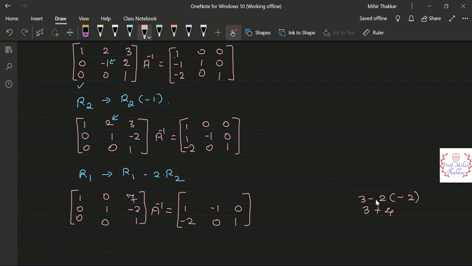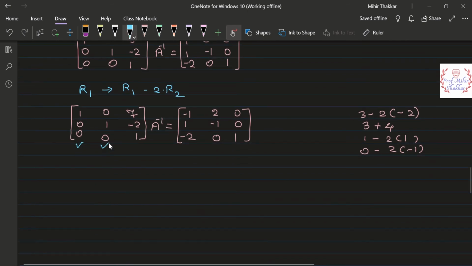Now over here, 1 minus 2 into R2 element is 1. So I get 1 minus 2, negative 1. 0 minus 2 into negative 1, that will become positive 2, and 0 minus 0 will still remain a 0 over there. So we are done with our first column and second column.